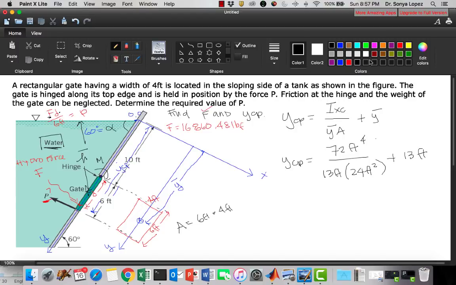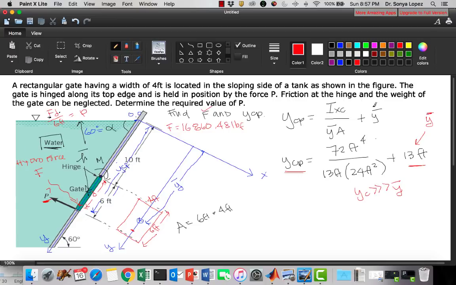Again, I want you to take a look at this. Do you remember the definition of the center of pressure? The center of pressure is always going to be below your centroid. You know that because of this equation. You're adding this distance to this distance, which this distance is your centroid, right? So YCP is always going to be greater than y bar, just from this equation, okay?